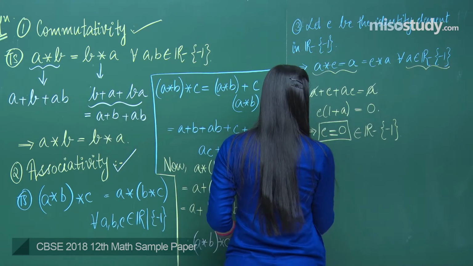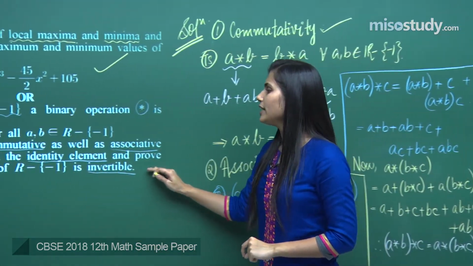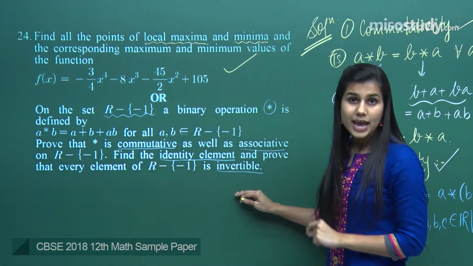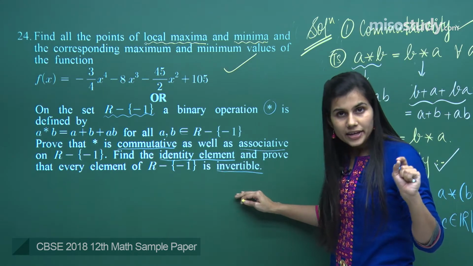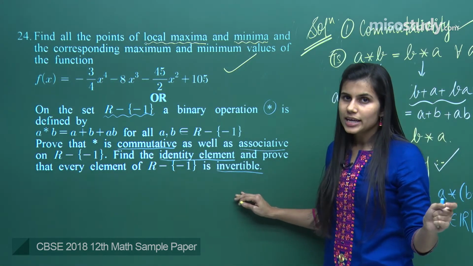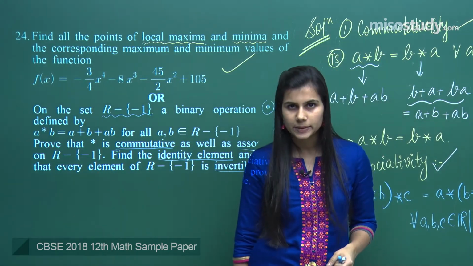Let's move to the fourth thing that we have to find. We have to prove that every element in the set is invertible. There exists a B corresponding to every A such that A star B is equal to B star A equals identity.